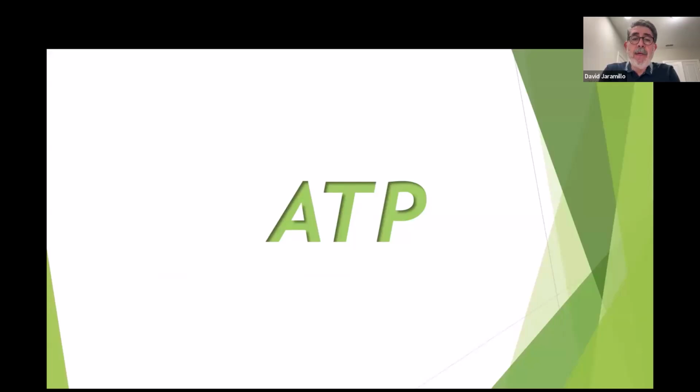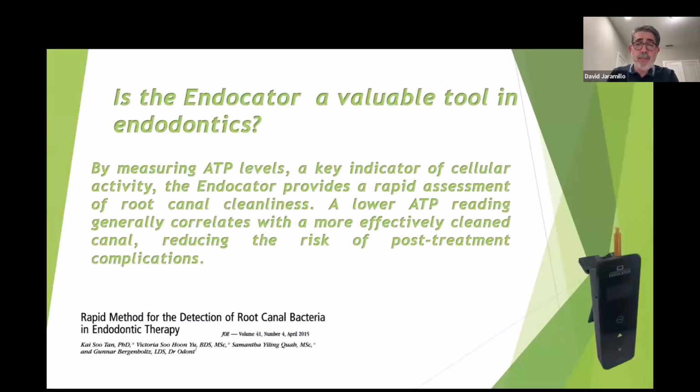It could be bacteria, it could be blood, it could be tissue, whatever cells. It produces the ATP. So Randy Cross had the idea to produce something that could be used chairside as one of our working tools.